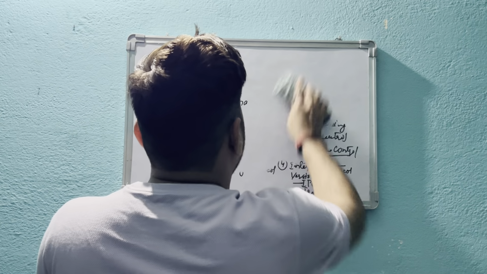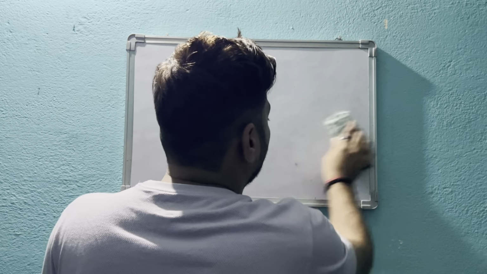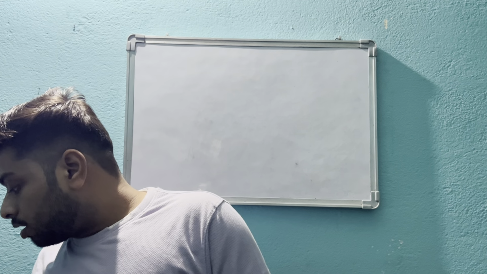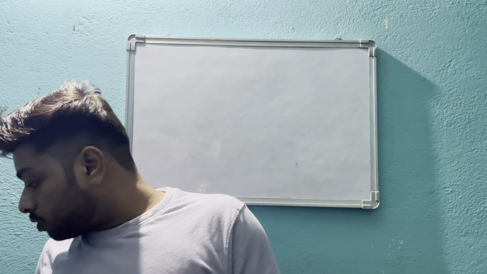Let me just rub everything out of the board. Yeah, so a few things I just wanted to give a brief about, the binary numeric part, before starting with the IPv4.